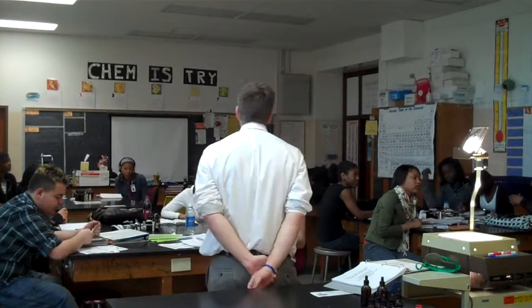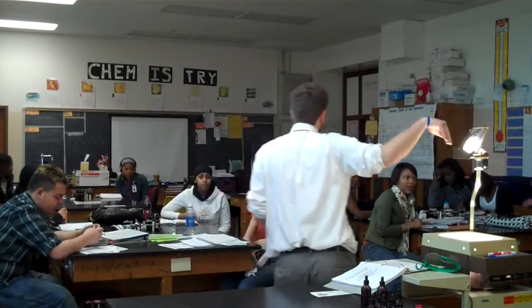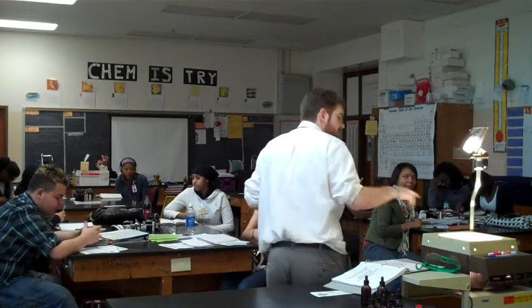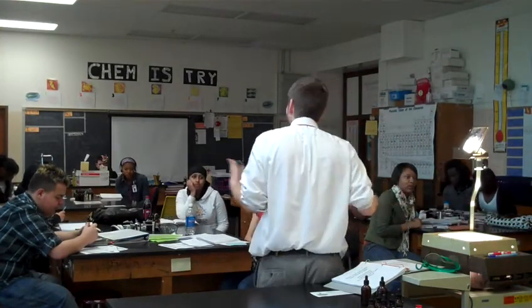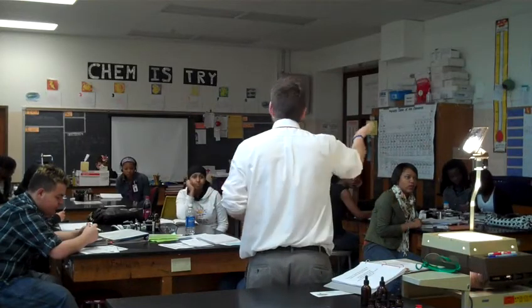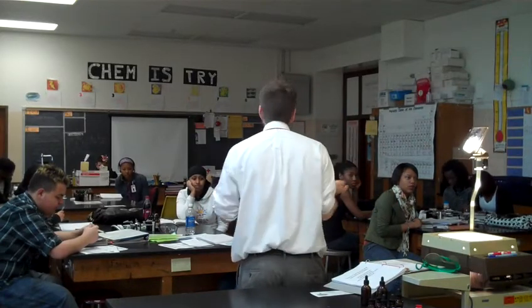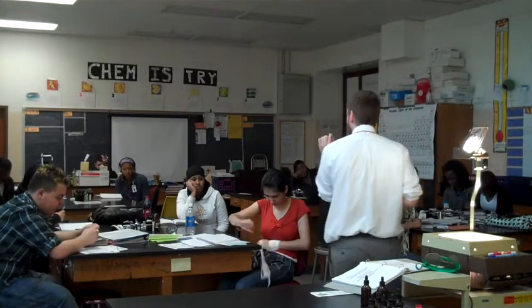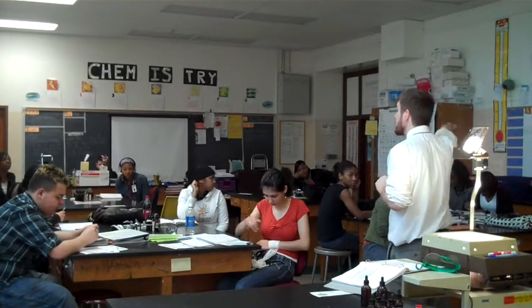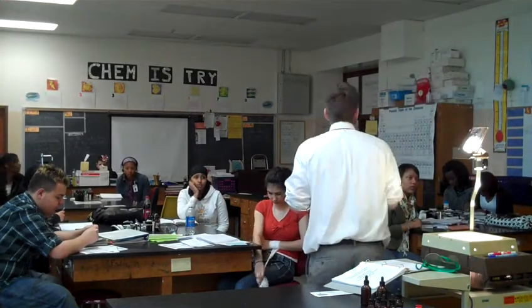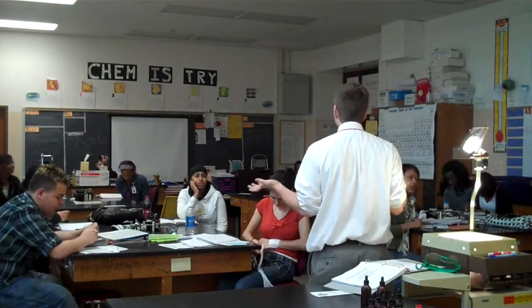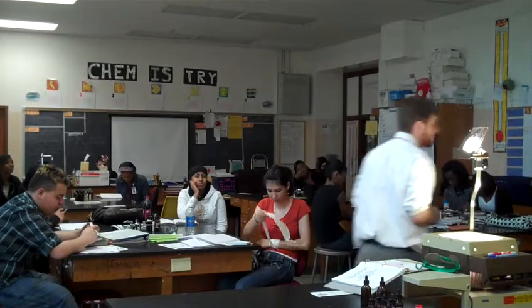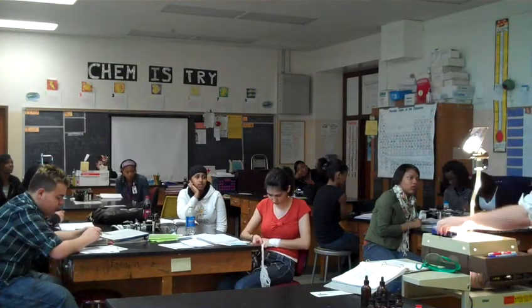Just like at the beginning of the year when you used evidence to solve the crime scene, you just used evidence on your spot plate to determine that your unknown was a base, and you're exactly correct. The unknown was not the same base, which is why there was a little difference in color. Your unknown was ammonium hydroxide, which is used in ammonia to clean your surfaces and floors. A good sign that it's a base is that it ends with hydroxide. Excellent work, ladies and gentlemen.